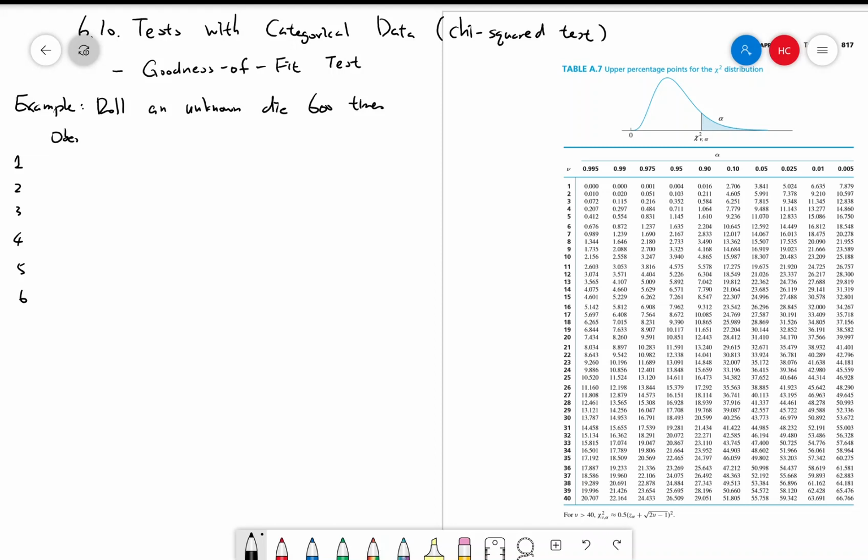So the observed result: suppose among 600 rolls, 85 of them are 1, 95 are 2, 125 are 3, 110 are 4, 100 are 5, and 85 are 6. Let's make sure the total is 600. That's our observed result, and we want to show that the die is not fair.